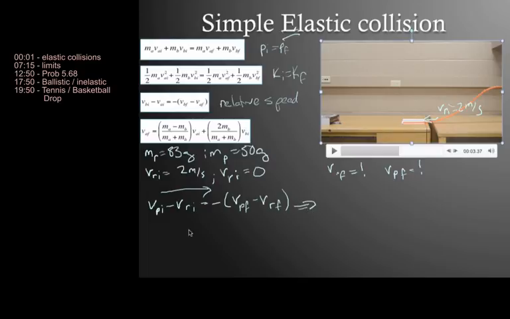So this tells me that the purple initial, that's 0, so this is going to be minus 2, it's going to be equal to, I'm going to carry this minus sign, V red final minus V purple final. So the difference in the velocities after the collision should give me 2 meters per second.